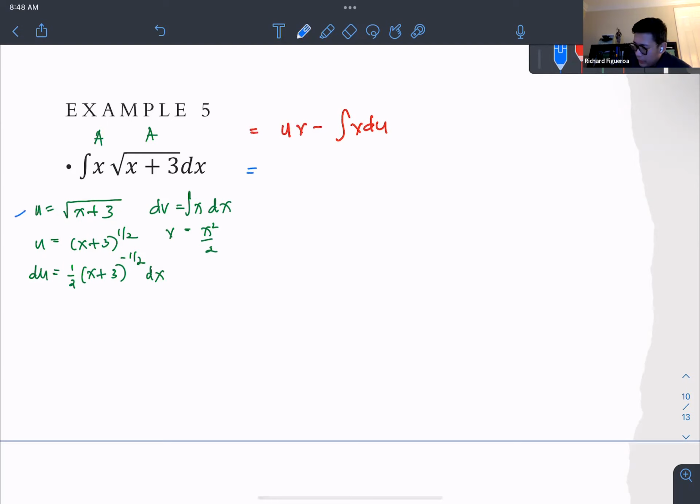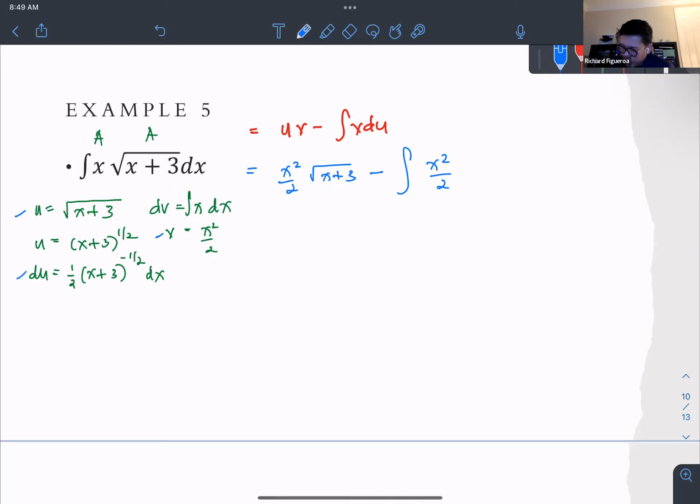So ang u natin is this. Ang v natin is this one. I'll have x squared all over 2, the square root of x plus 3, and minus integral of v du. So ang v natin, it's x squared all over 2.